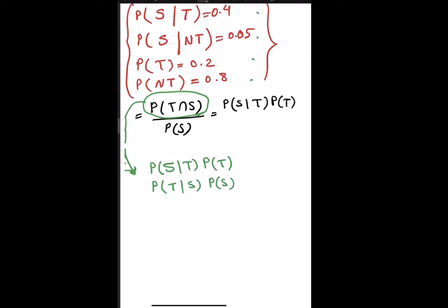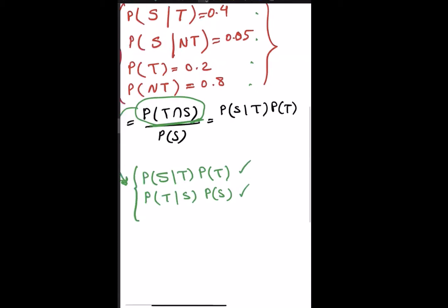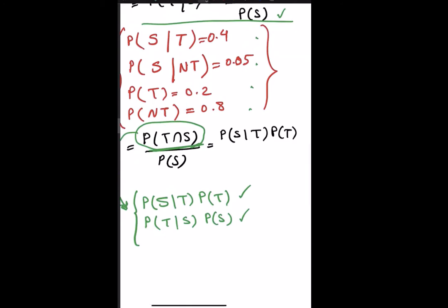We talked about this in the previous session, guys. This should be the first thing on top of your head. So I can write this probability of T and S based on either the first formula or the second formula. Both of them are the same. Which one am I going to choose here? S given T, because we have that.